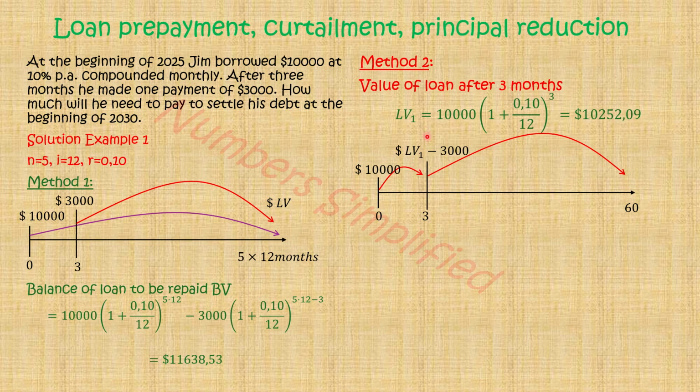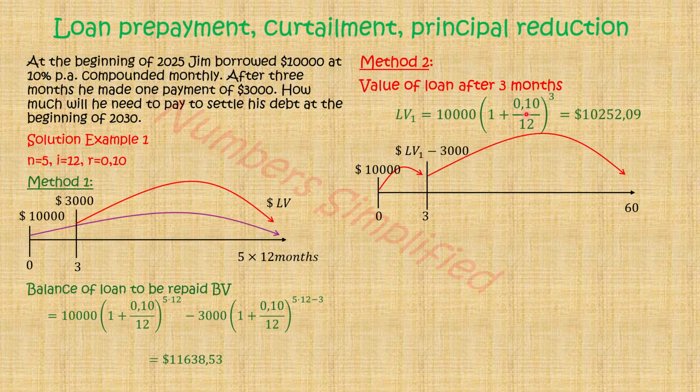So let's call this one LV1. That is to say the value of the loan at the first payment in order to reduce the loan. So we need to find the value of the loan at that particular period. So LV1 will be given by the loan itself, 10,000 times (1 plus 0.10 divided by 12) raised to the power 3.